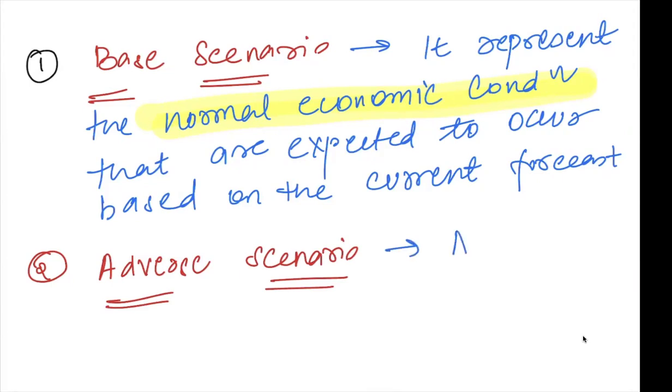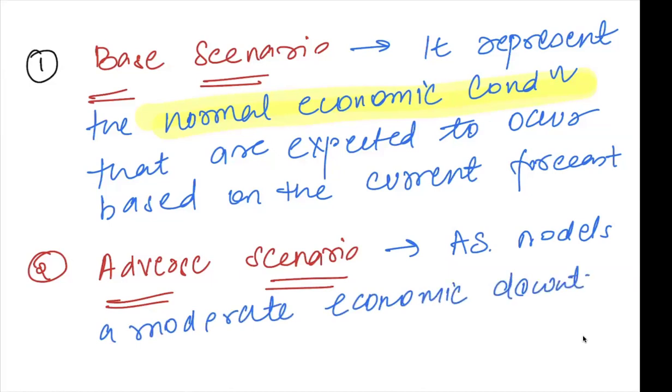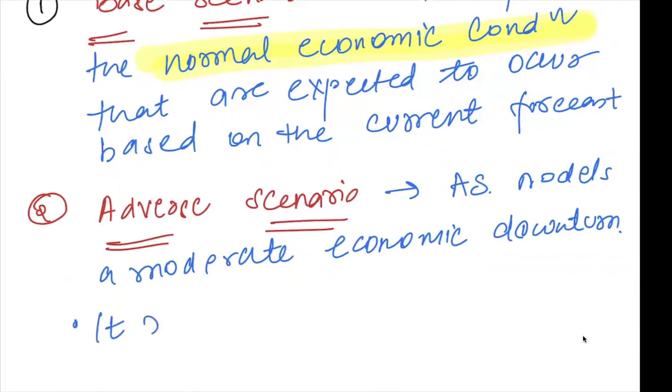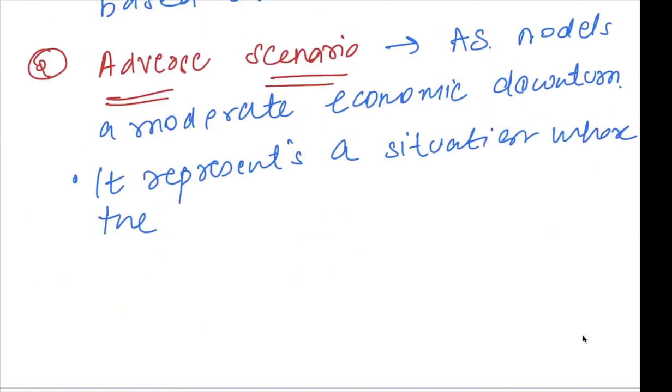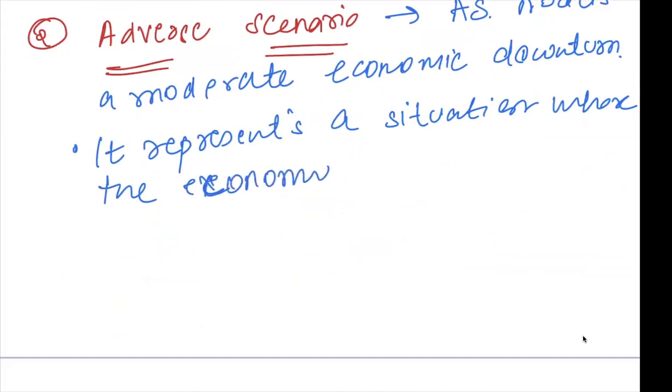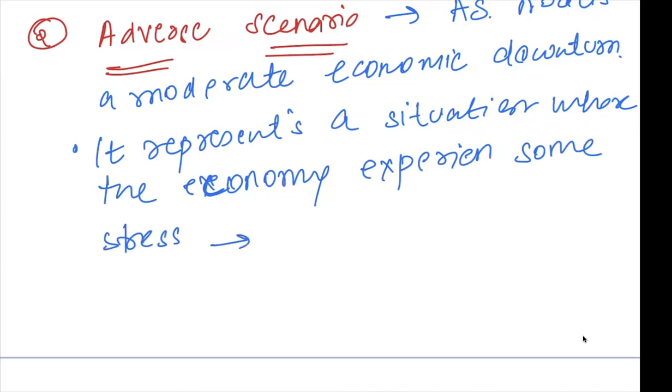The adverse scenario models a moderate economic downturn, where the economy experiences some mild stress, which is nothing but a mild recession.